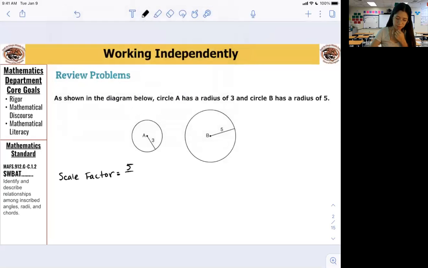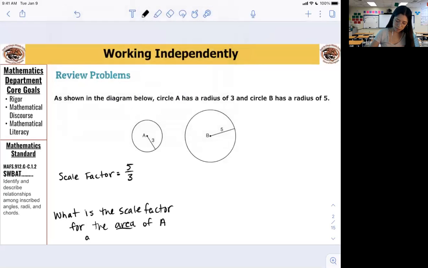5/3, good. So here's the other part of this. What is the scale factor for the area of A and B? What would be the scale factor for the area? This is the scale factor for the radius. How about the area?